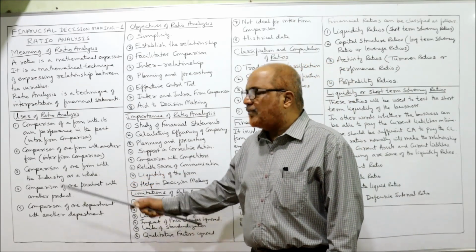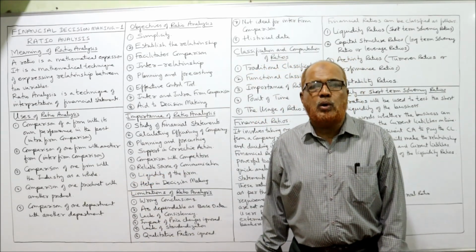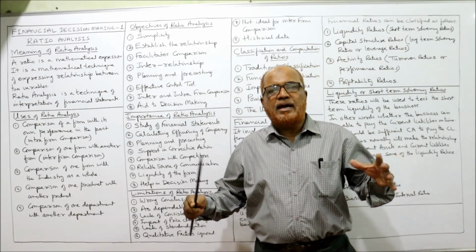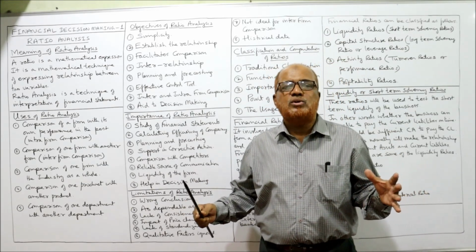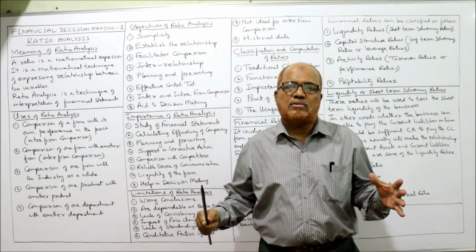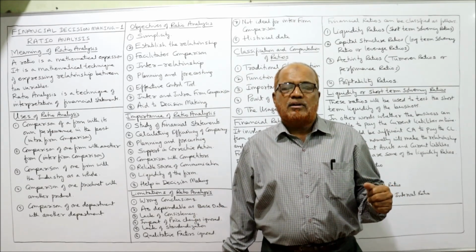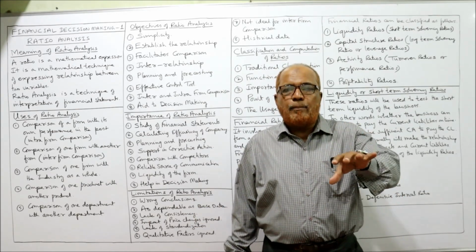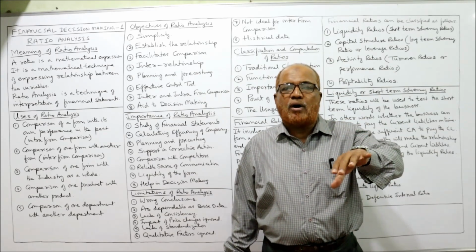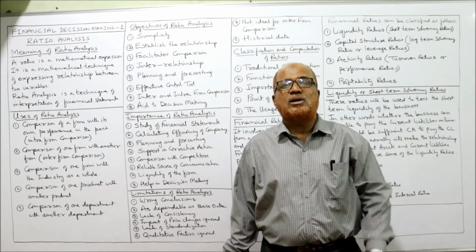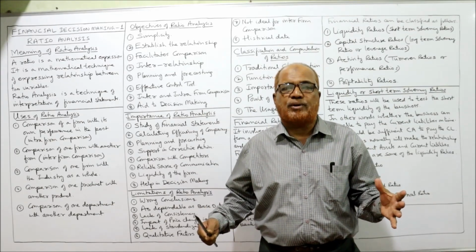Next, comparison of one firm with the industry as a whole. Industry means a group of companies producing homogeneous goods, same or similar goods. A company will compare its own performance with the industry as a whole. For example, the sugar industry.